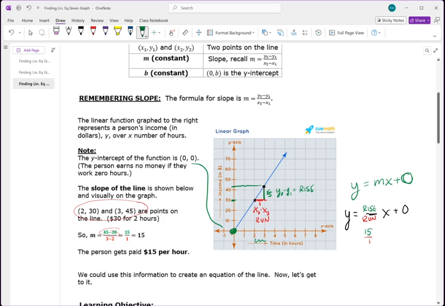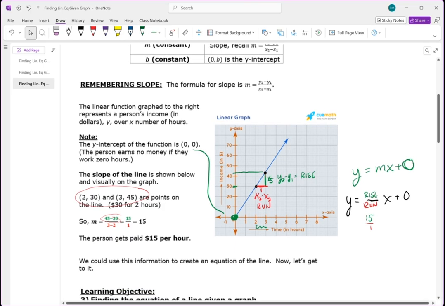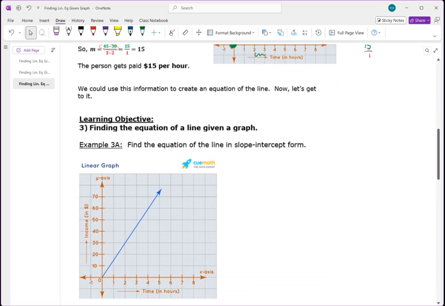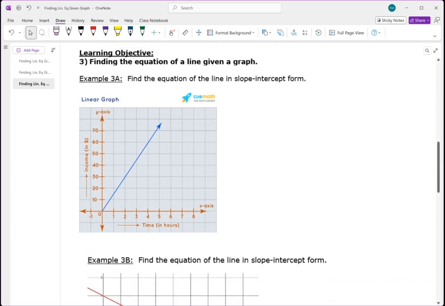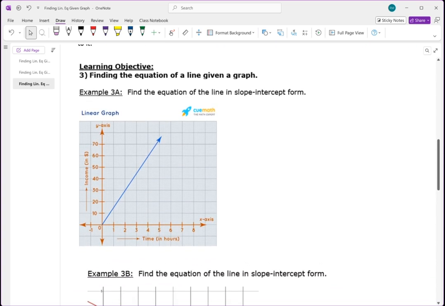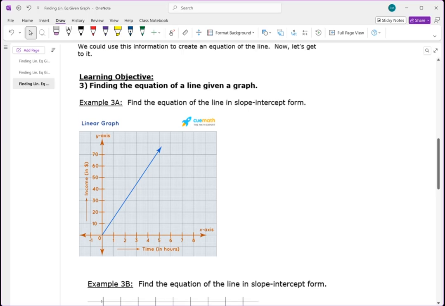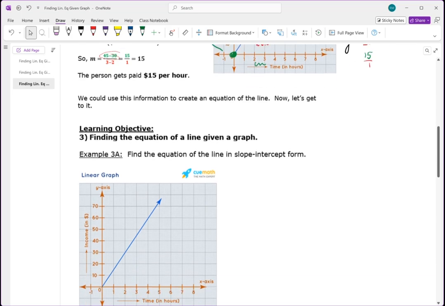So let's go ahead and look at this in an actual example where we're not given the slope. So we want to find this. Here we have income. Is this the same exact graph? Yep.